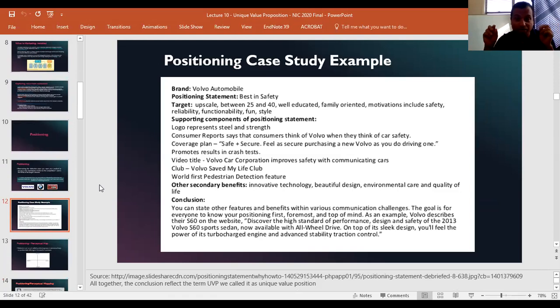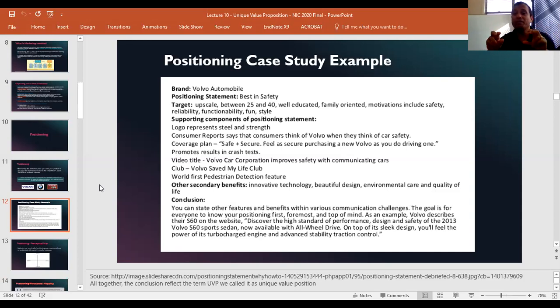Take this small case of Volvo Automobile. Just go through this one and try to have a proper understanding. The brand Volvo Automobile's positioning statement is best in safety, and these are proper documents of the company. The target audience they have clearly mentioned.